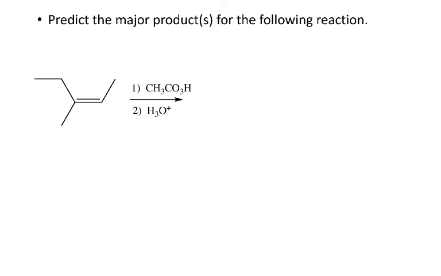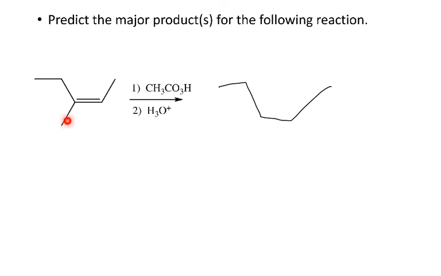Okay, so let's look at a couple examples. We want to predict the products of this reaction, and I see I'm reacting it with a peroxy acid and then hitting it with an acid, and so this tells me that I'm going to be doing dihydroxylation, but I'm going to add the two OH groups in an anti-fashion. So for my product, when I choose to add these groups, the wedges and dashes, I'll do my OHs, and then I'll use the lower priority group.